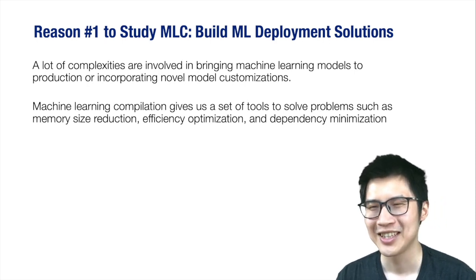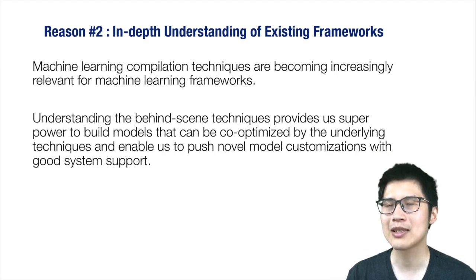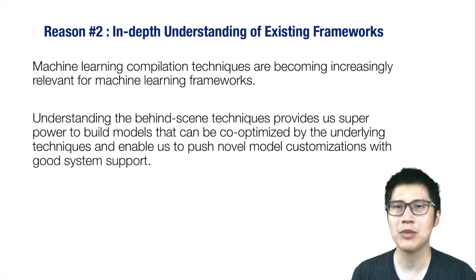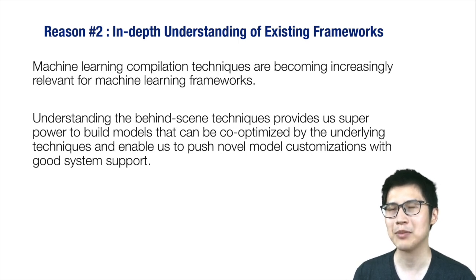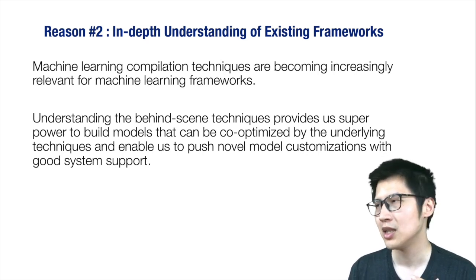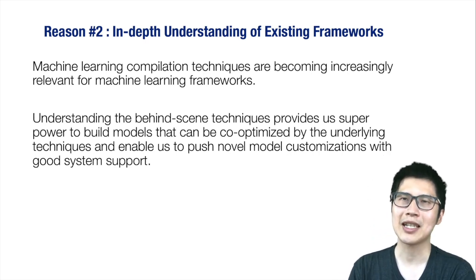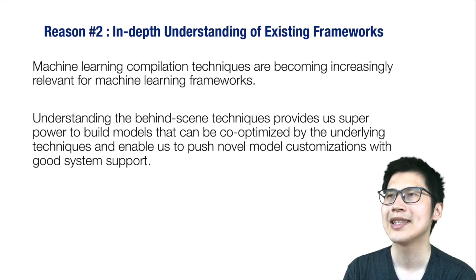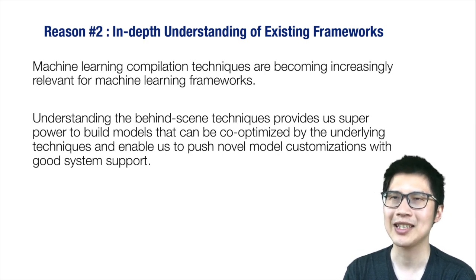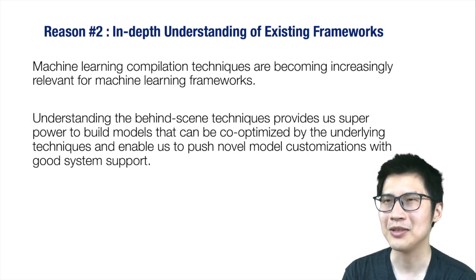Okay. The reason number two is that in a lot of cases, we are developing models and we can just leverage the underlying machine learning framework. However, you'll find that those machine learning frameworks are also increasingly starting to adopt new techniques coming from MLC. So understanding machine learning compilation helps us understand the behind-the-scenes techniques that provide those model executions.